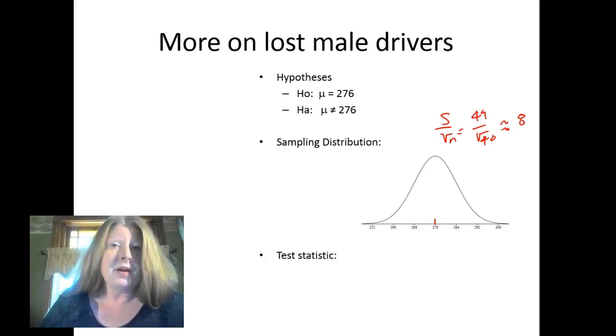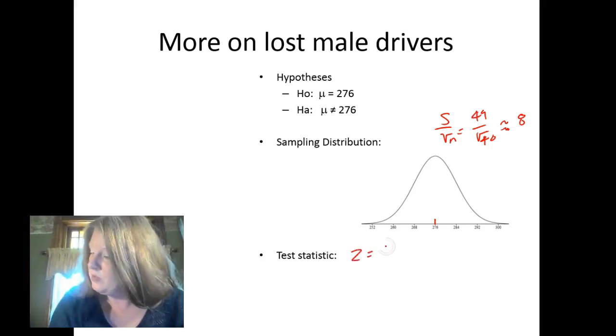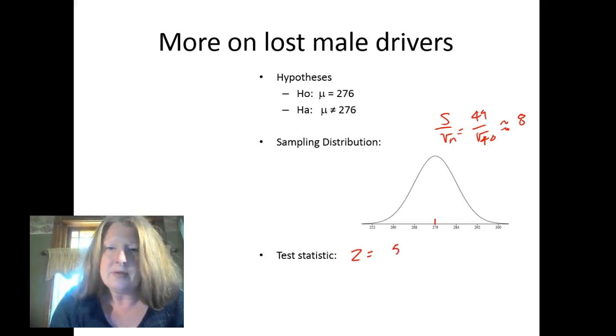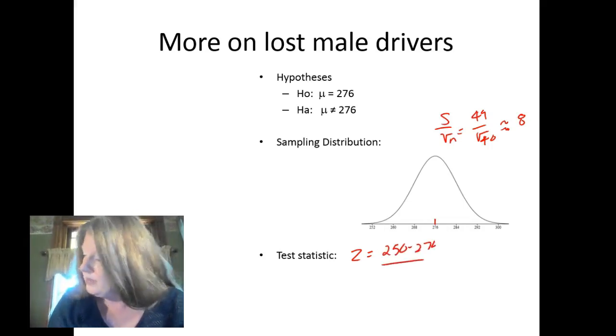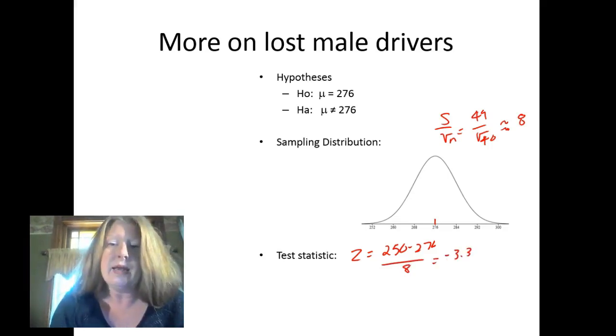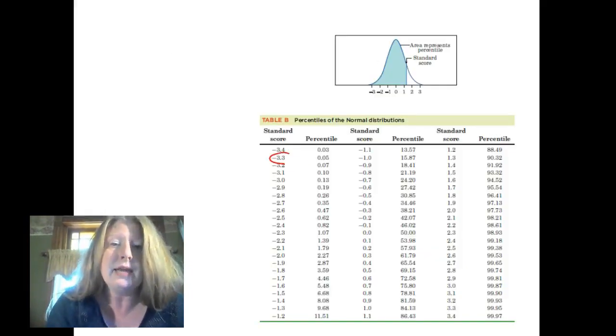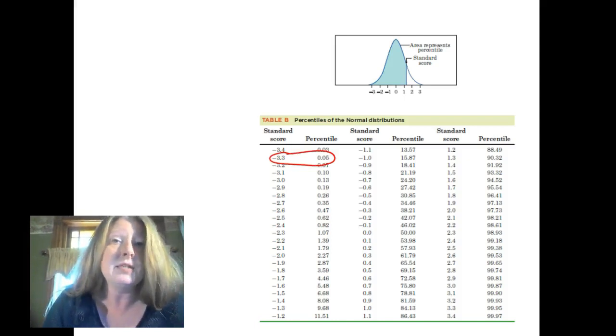I rounded a little bit just to make my calculations easier. Now we have to figure out our test statistic. So z equals our sample mean, 250, minus 276, divided by 8, which gives us negative 3.3. Now we have to find our p-value. Again, we have a two-tailed alternative. We go to the table, negative 3.3, and we get 0.05.